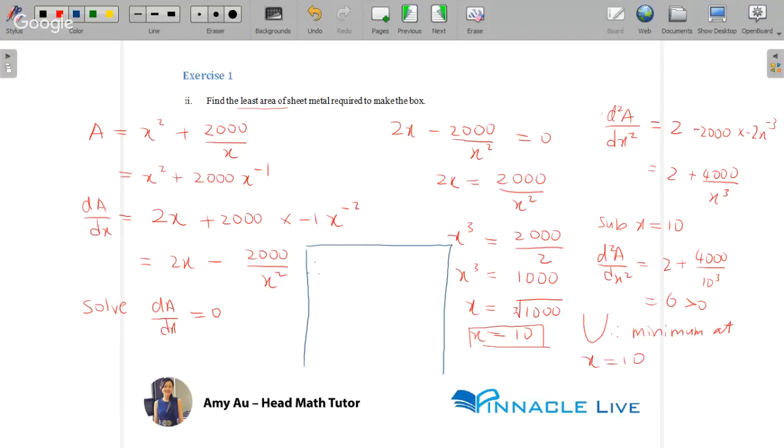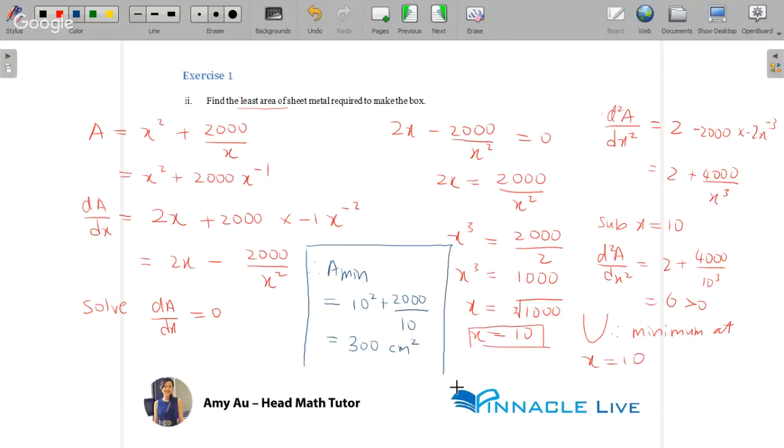So therefore, the minimum area is equal to, you just sub 10 back into it. Putting that into the calculator should get you 300 centimeters squared.